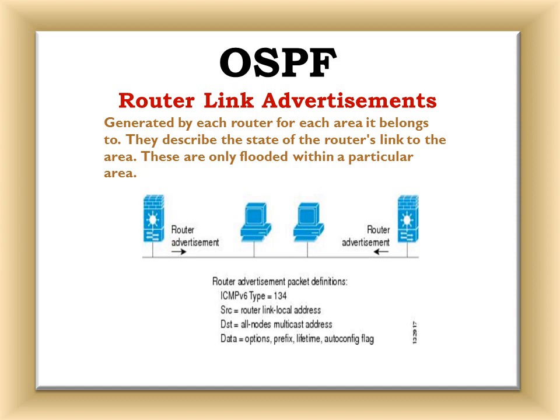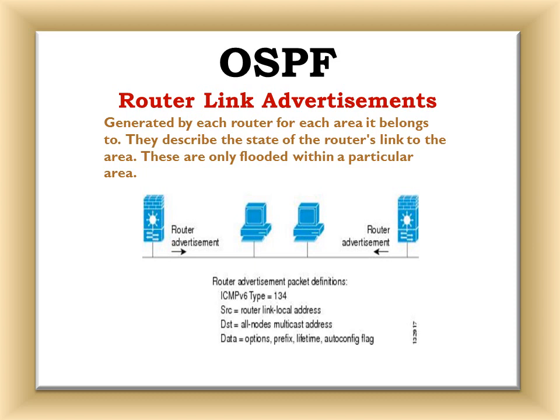So a router link advertisement is generated by each router for each area it belongs to. They describe the state of the router's link to the area. These are only flooded within a particular area. In the diagram we have one router on the left side and one router on the right side.